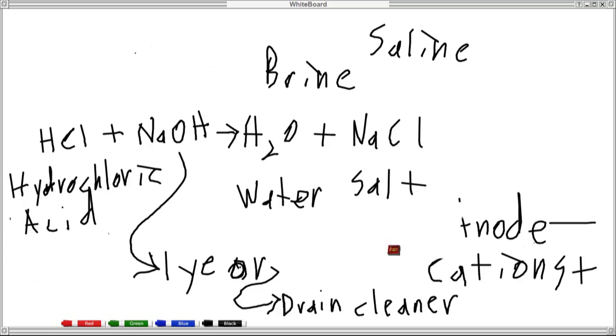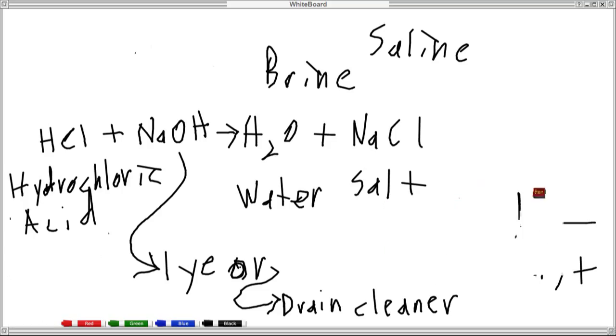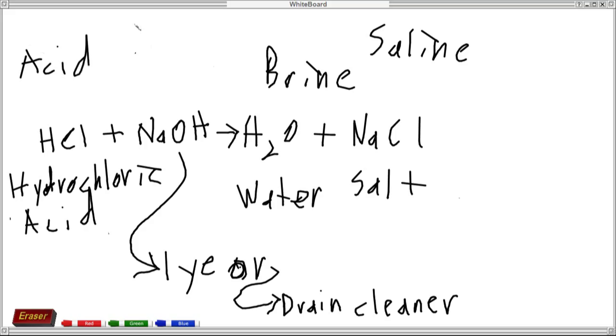So keeping that in mind, there's certainly a lot going on when you blend in salt and water. Keep in mind this is an acid and this is a base, a really strong base, if I may say.